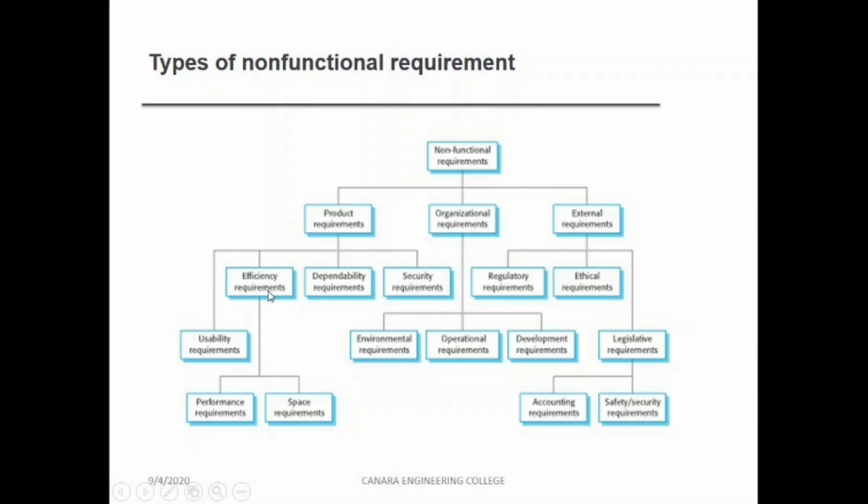Because it has been designed only for 100 users, it should work properly within 100 users, in performance as well as space, with no problem. If it reaches more than 100, then these problems will occur. So dependability and giving security to the product are the main constraints of non-functional requirements.